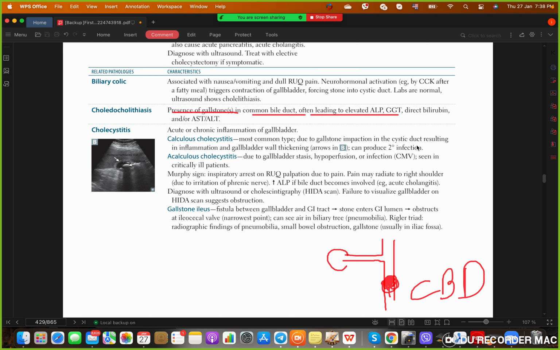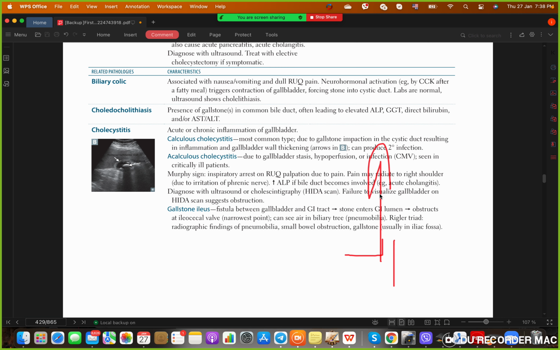Which one is specific for the biliary tract? GGT, absolutely. And they're right, direct hyperbilirubinemia will occur. And sometimes, if it lasts for a long time, there will be reflux of the bile to the liver, which is going to lead to high ALT and AST.